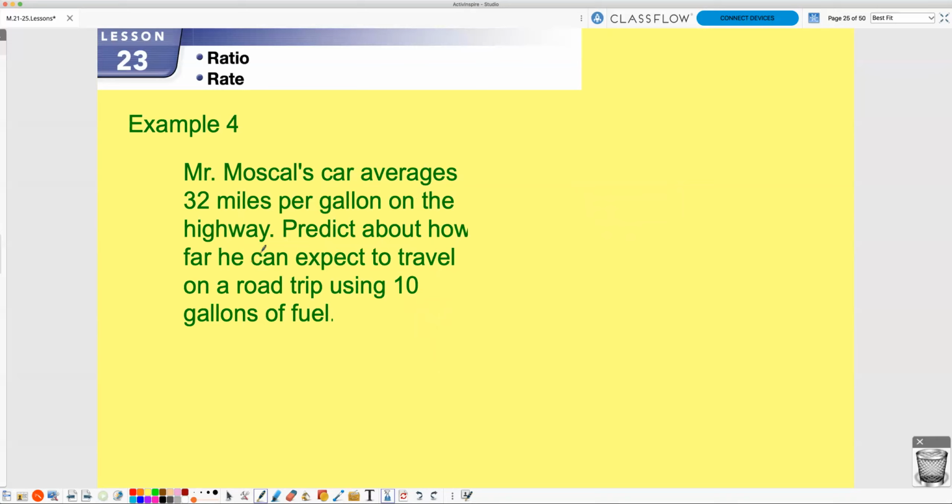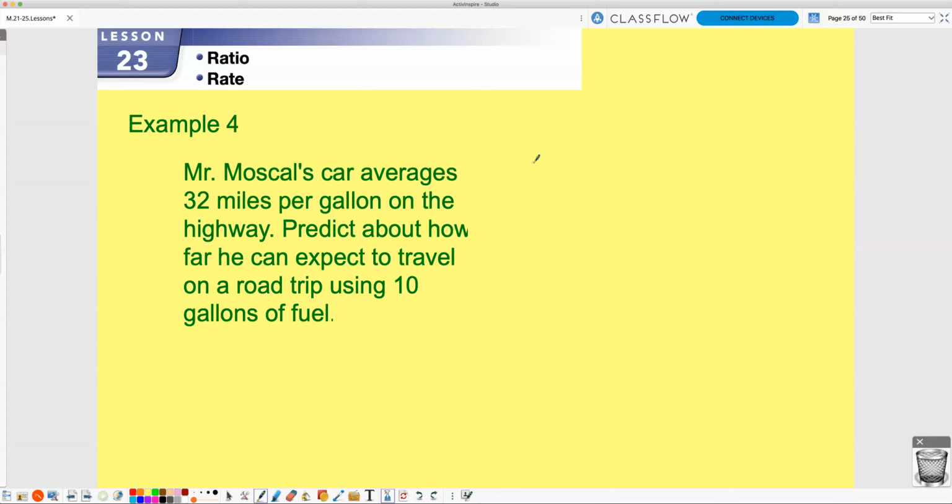In example 4, Mr. Moskall's car averages 32 miles per gallon on the highway. Predict how far he can expect to travel on a road using 10 gallons of fuel. So in this case, you know that he has a certain number of miles he can go for every single gallon.